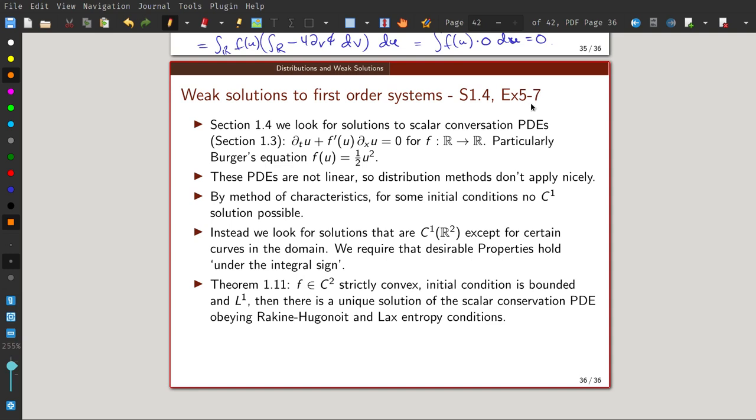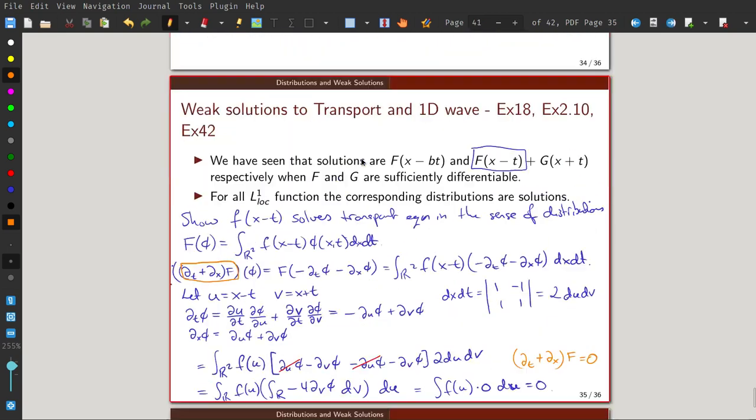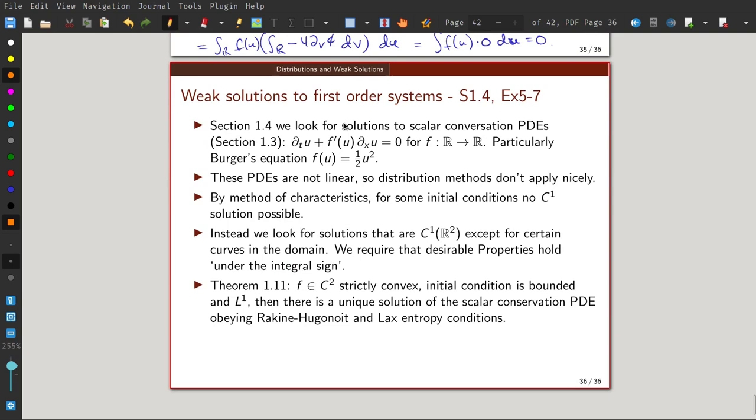We had too many solutions, so we imposed some conditions that come from physics, and then we indeed had a unique solution. So that's what weak solutions for first-order systems were about, particularly for these conservation laws, which are nonlinear partial differential equations. For linear partial differential equations, we use distributions. That covers distributions and weak solutions, and that finishes the revision lecture.